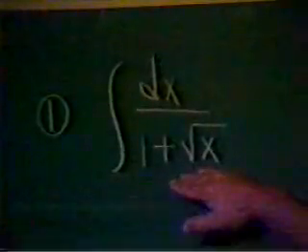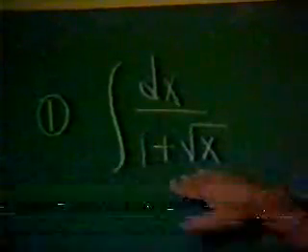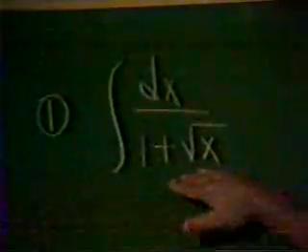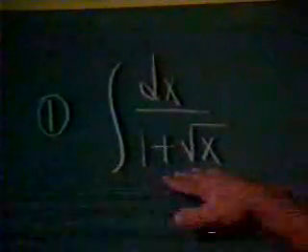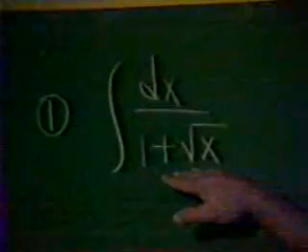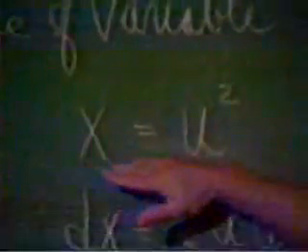If x were replaced with something that had a perfect square root, then we would be able to get rid of the radical. So we replace x with something that has a perfect square root. So we're going to replace x with u squared.